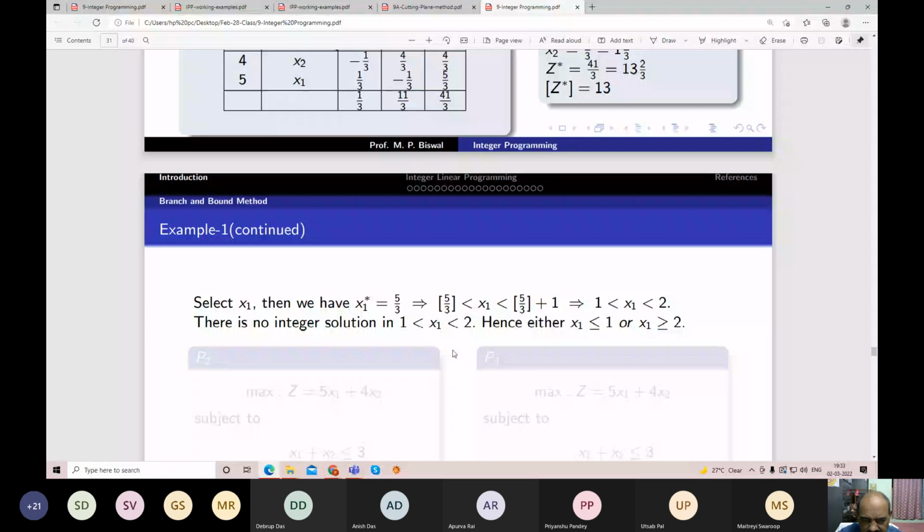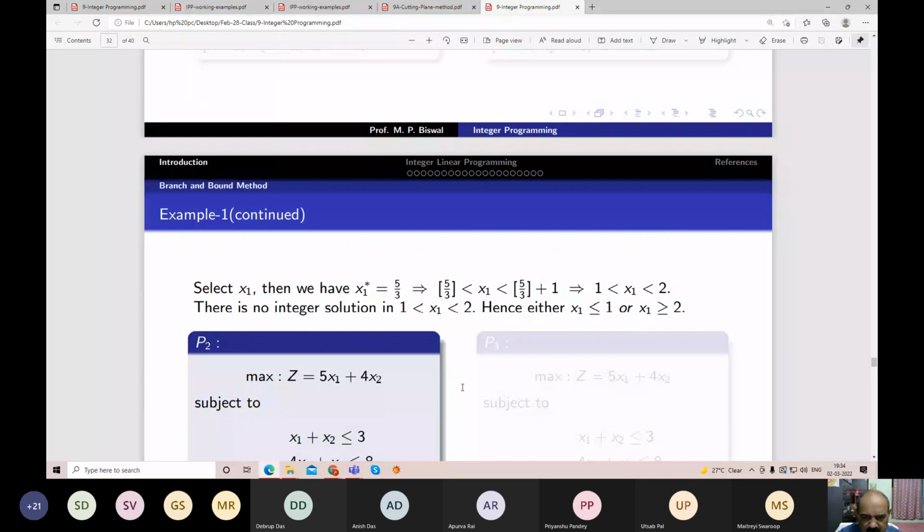If this interval cannot include any integral solution, then which interval will include it? The complement. So here x1 has to be less than or equal to 1, or x1 greater than or equal to 2. These are two different cases.